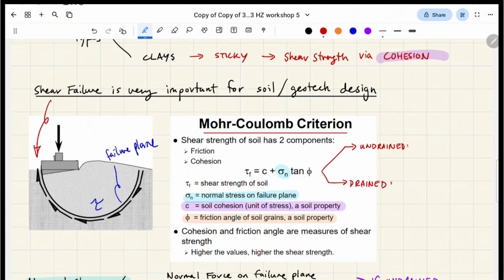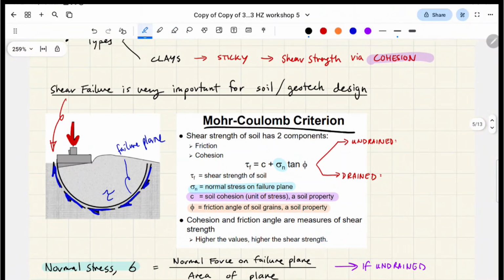It has some amount of force from a structure or something above it that it is holding up. And these weird looking arrows denote the direction of shear stress, which is trying to resist this external force. And that's basically what all of our calculations will be based on today, okay?